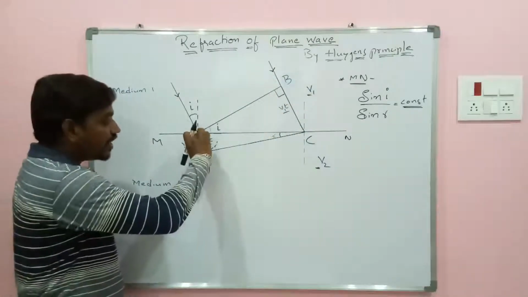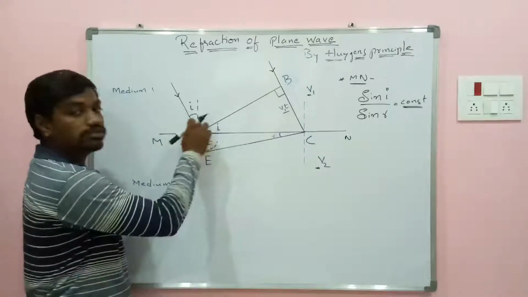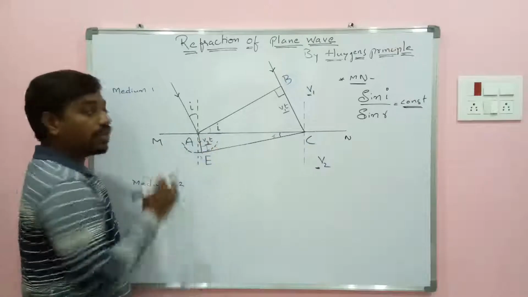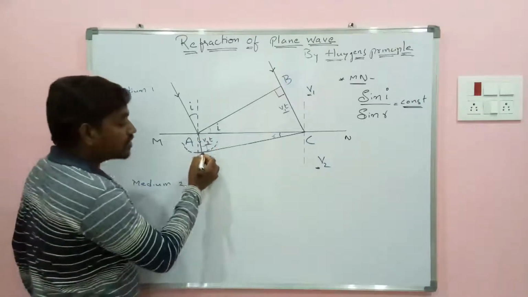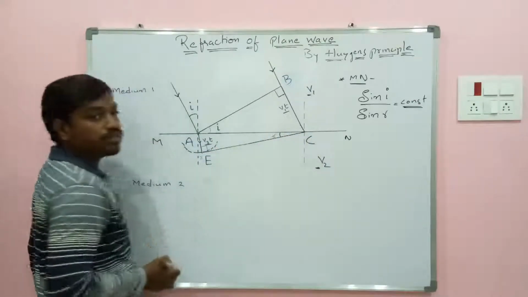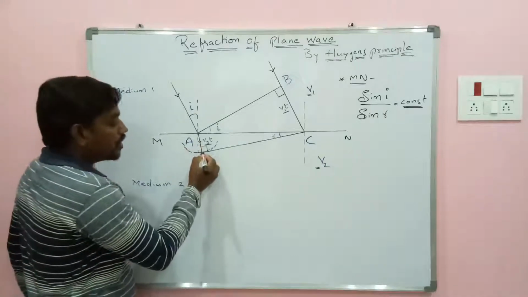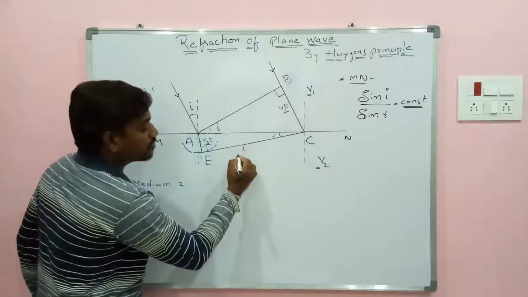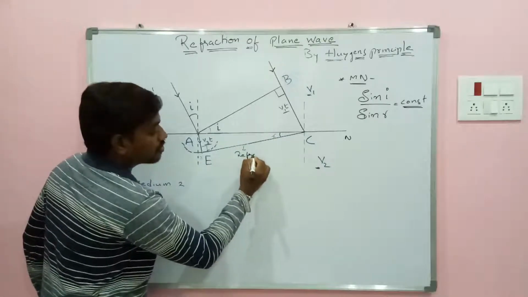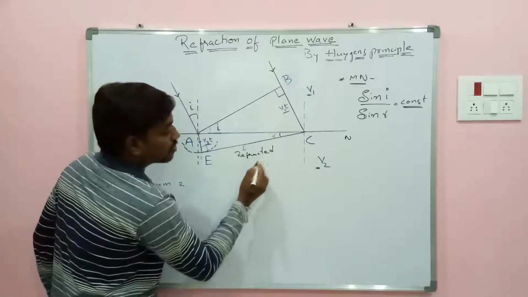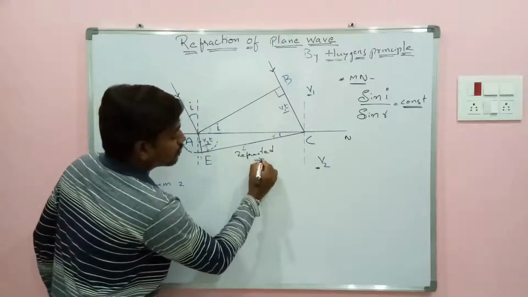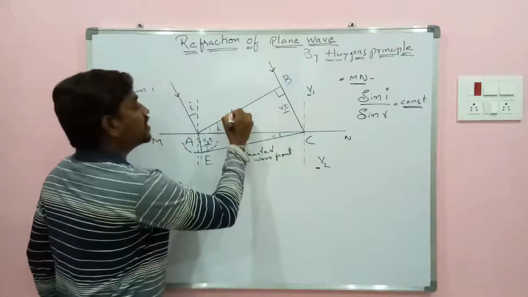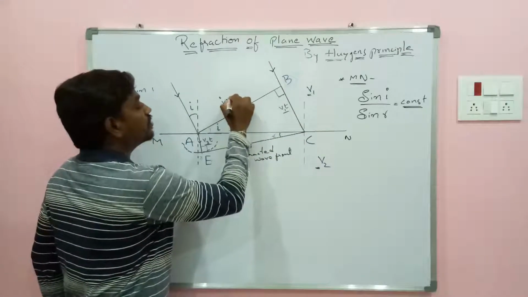So with this radius, if you draw a circle, we get a complete wavefront in a time t, and this is a tangent drawn from C. Now EC is your refracted wavefront, and this is the incident wavefront.